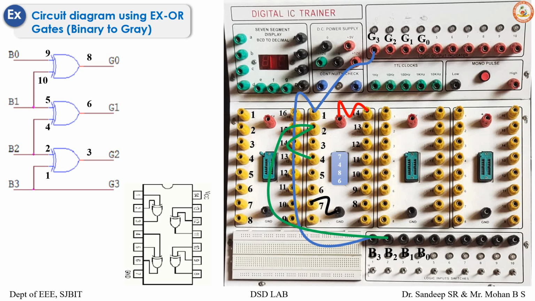The same is executed here also. Likewise, B1 is connected to pin number 5 and pin number 10, and B0 is connected to pin number 9. Likewise, all other pins are connected as per the pin diagram.